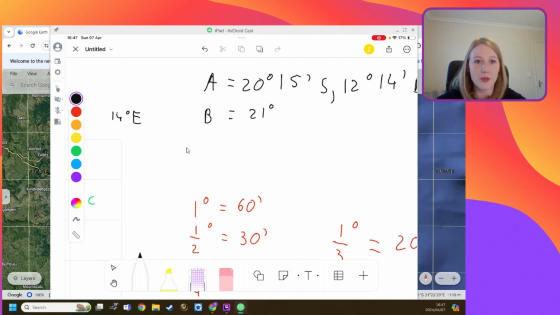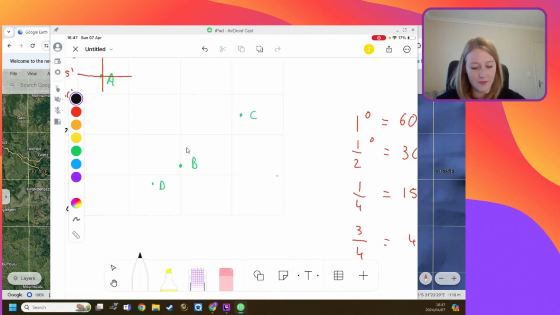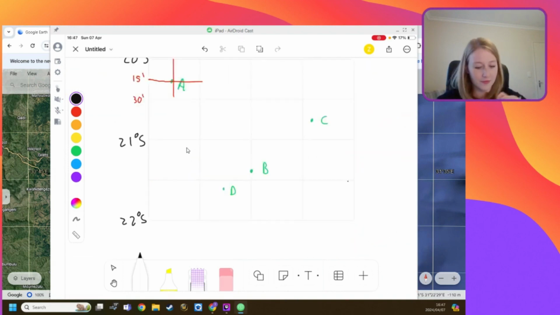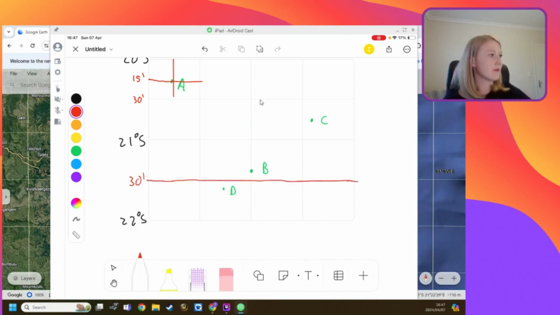So I'm going to go straight to the minutes. So if this is my halfway line, this is 30 minutes. Means everything along this line is 30 minutes. Okay. And I'm going to halve that again.